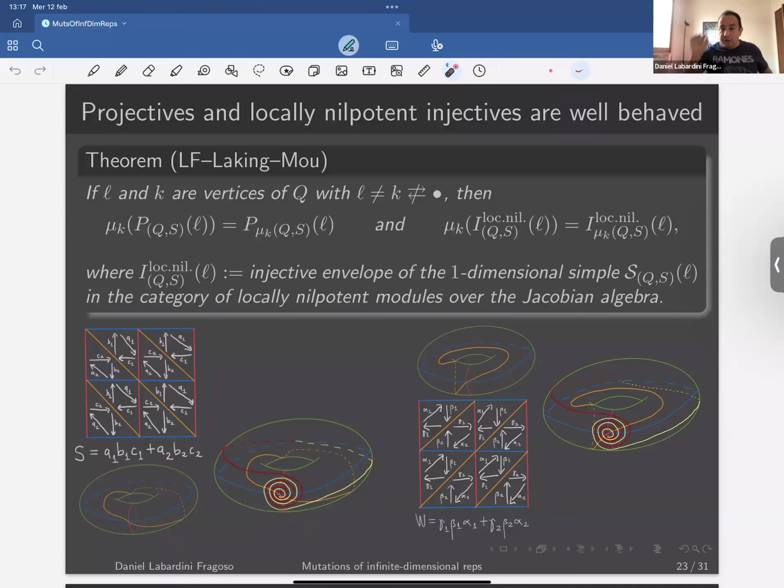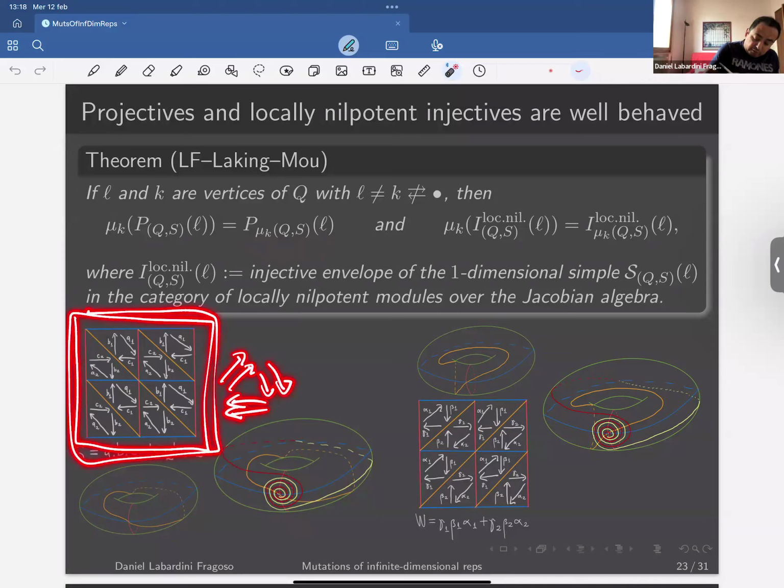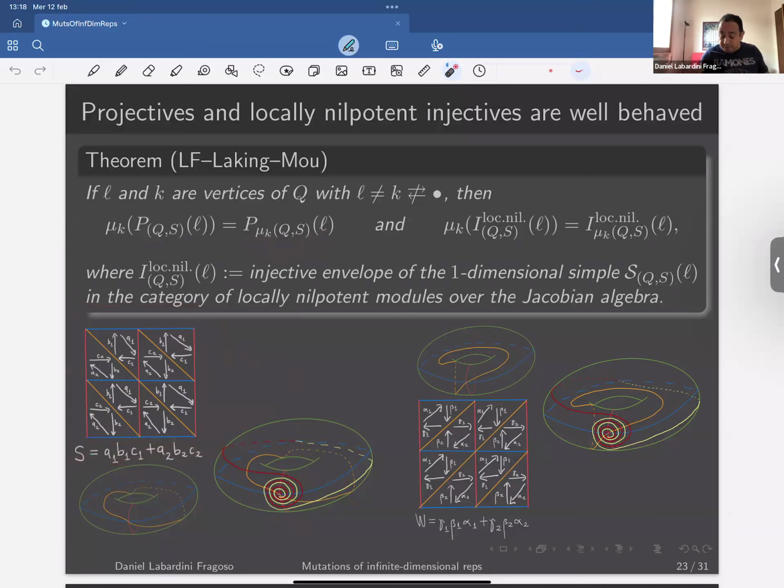Okay, and the pictures you are seeing here are pictures of the projectives for the quiver with potential that we saw before, which arises from the one-puncture torus, and here is the torus drawn on the plane, but I'm running out of time, so I cannot stop to give more details.